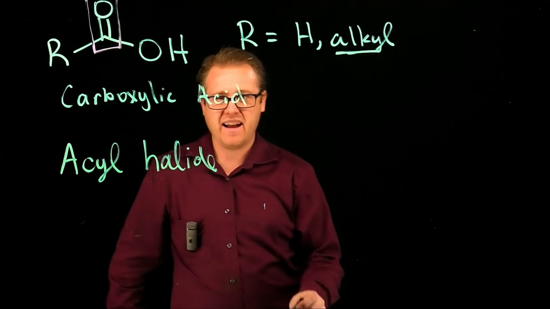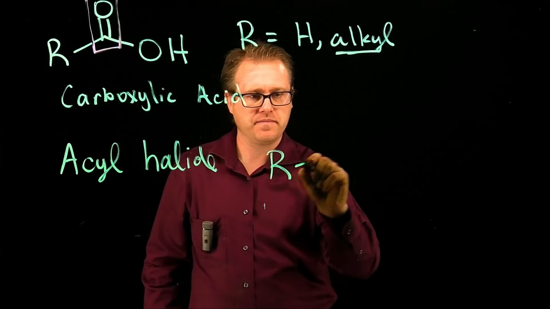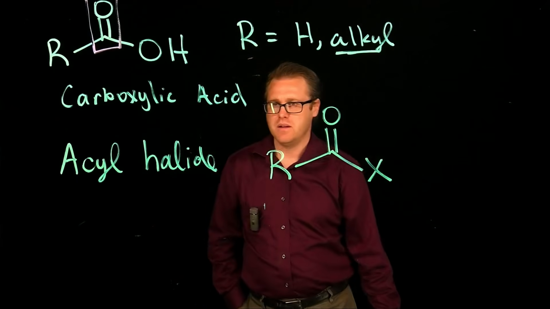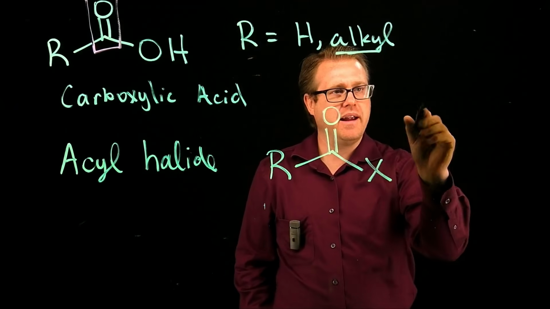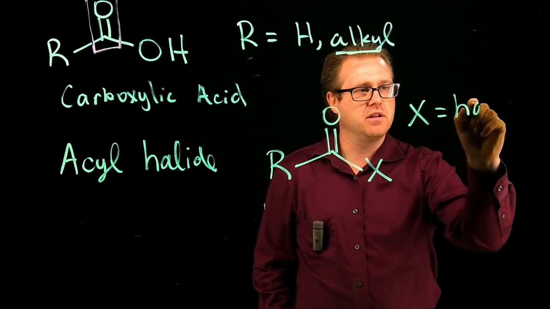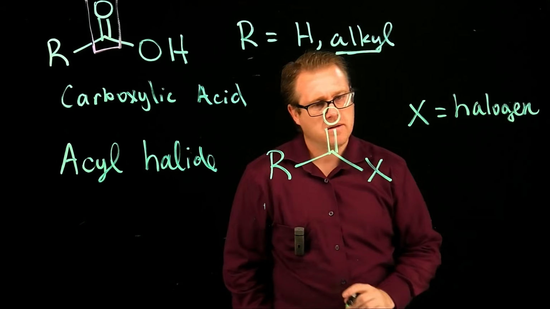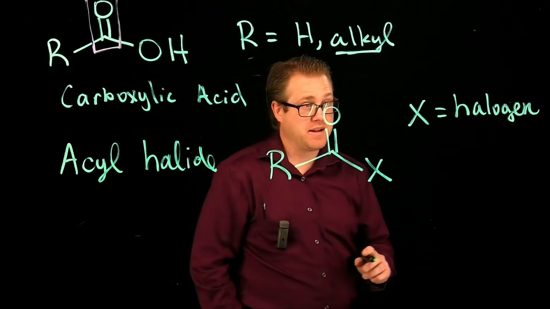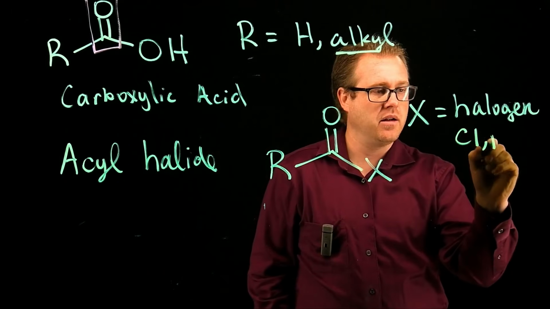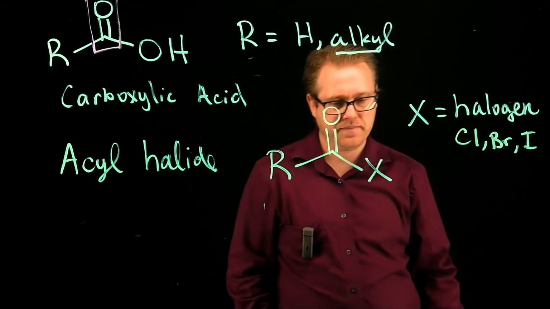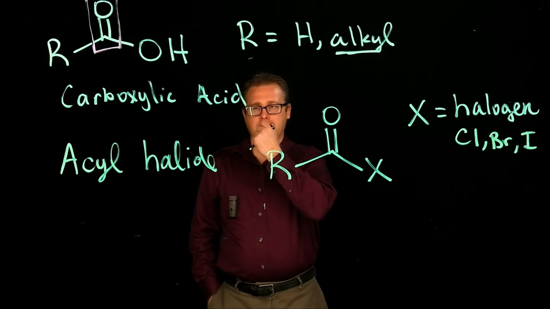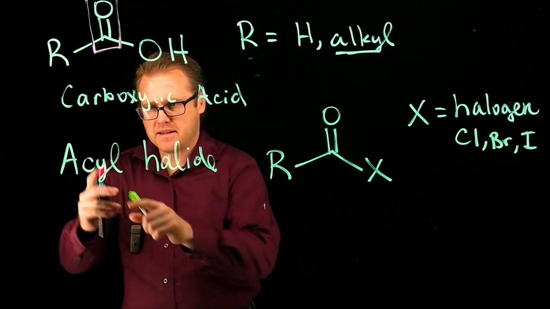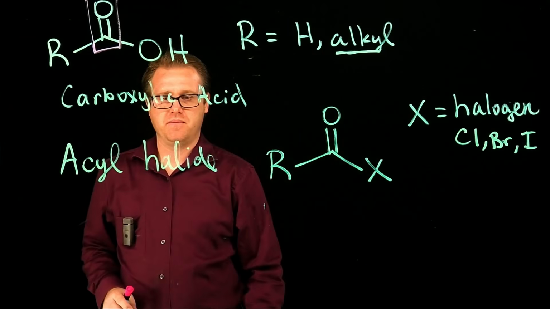And an acyl halide has a general structure like this, where the X right here can be any halogen. Typically, the acyl halides that we see are going to be chlorine, bromine, and iodine. And so now it begs the question, what is an acyl group?